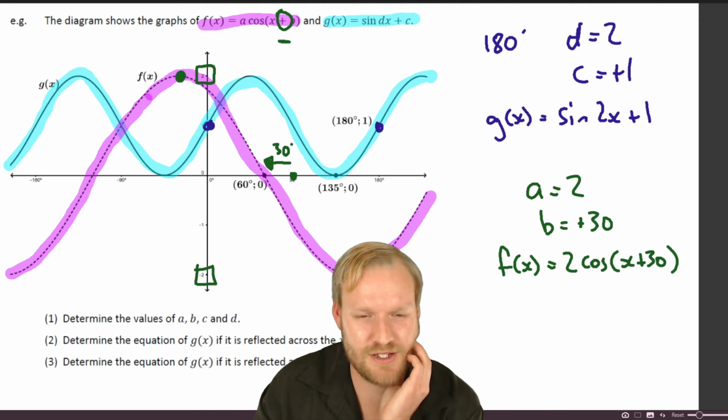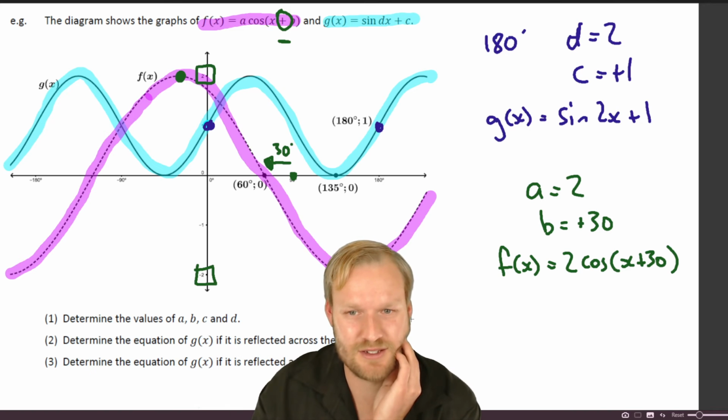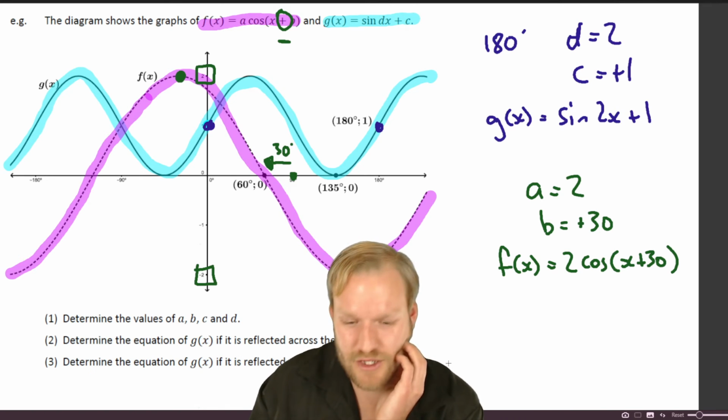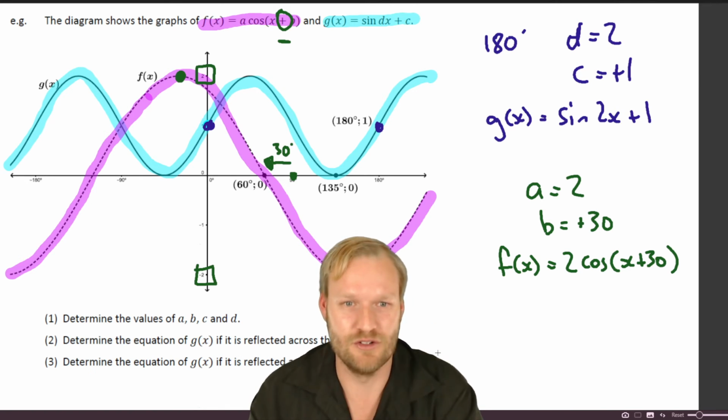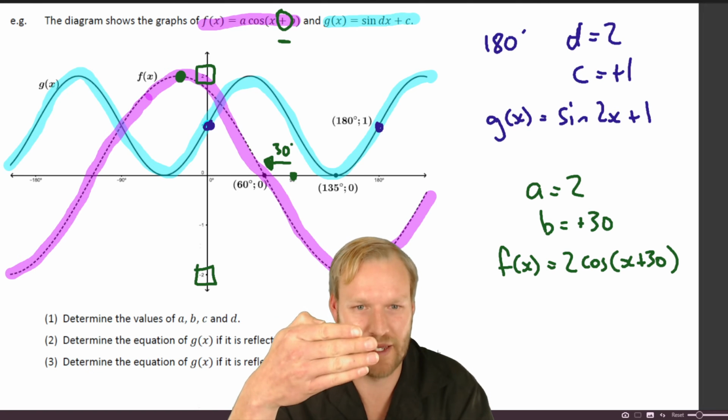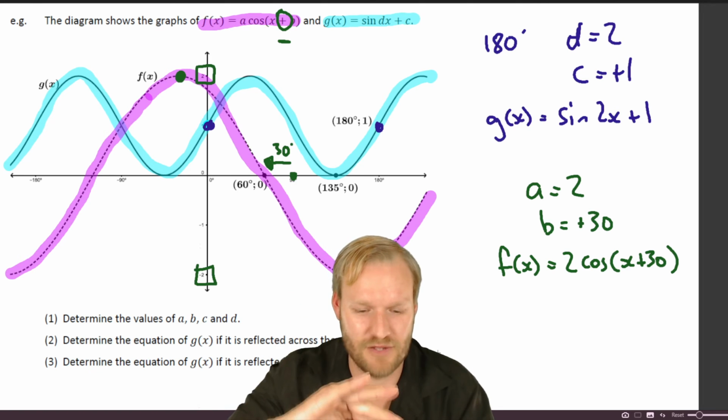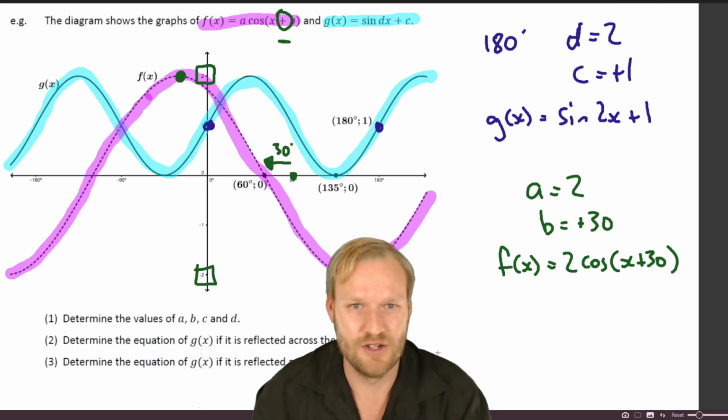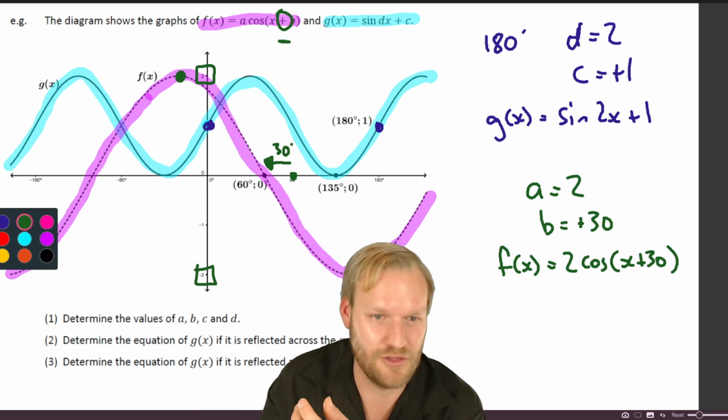Now, if we wanted to take g of x, and g of x is our sine graph, and we reflected it across the x-axis, remember, whenever we do that for any function, it just means that we make all the y values that were positive negative, and all the negative ones positive. So we're going to take the negative of the whole thing.